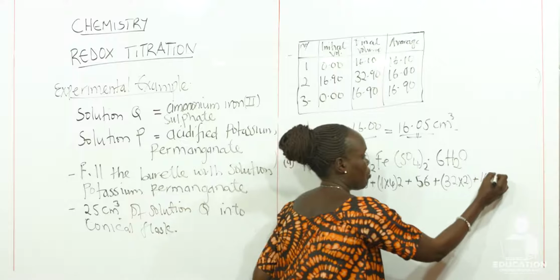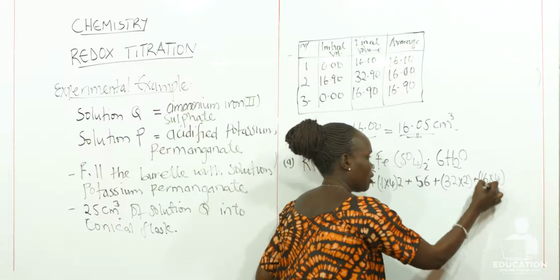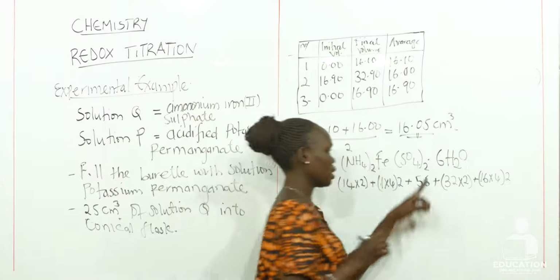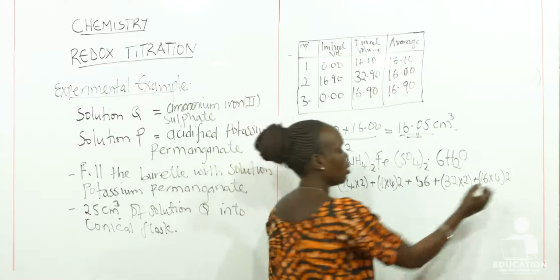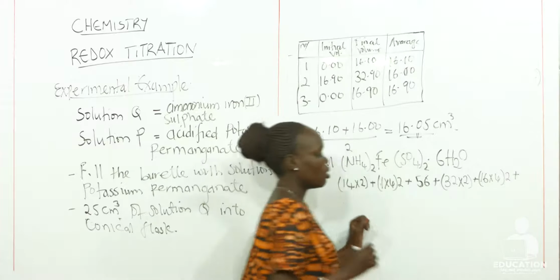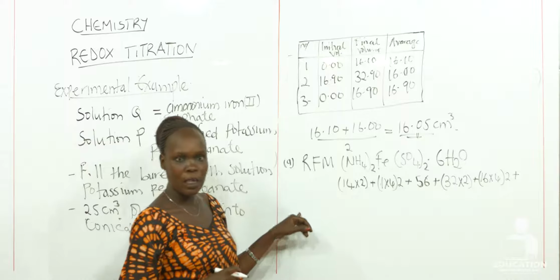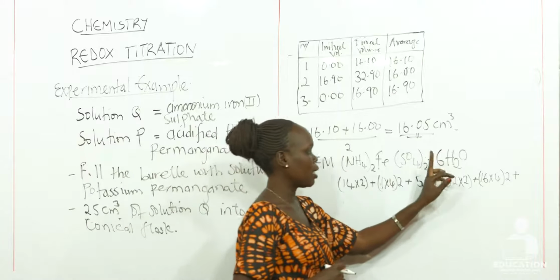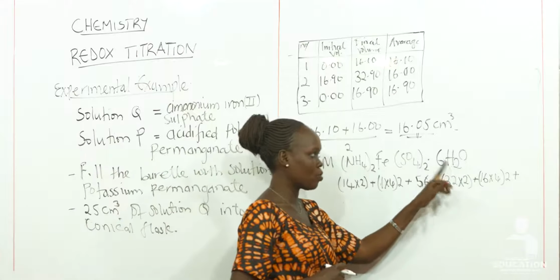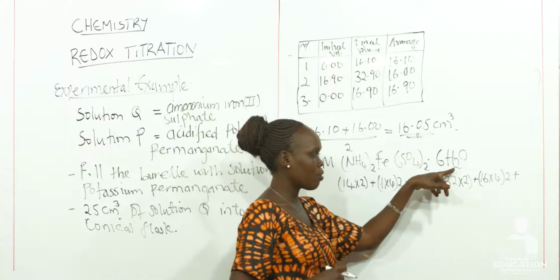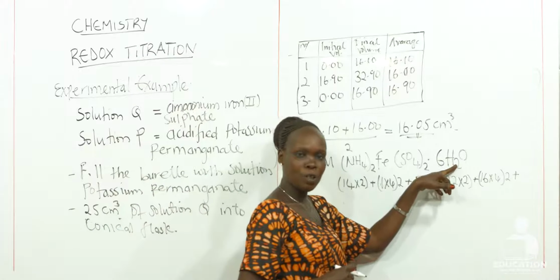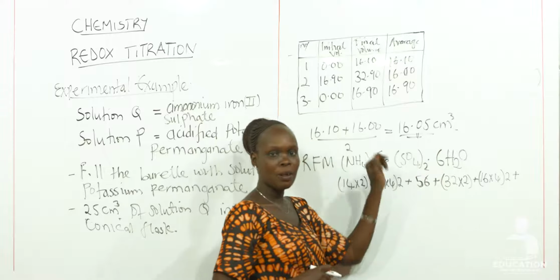Then again we multiply it by 2, which is outside the bracket, plus 6 molecules of water. It means we have to multiply hydrogen. The atomic mass of hydrogen is 1, and then there are 2 atoms of hydrogen. We have to multiply 2 by 1 again by 6.